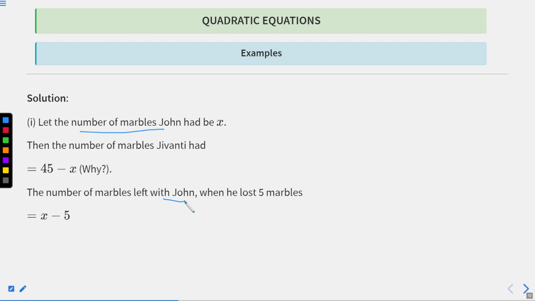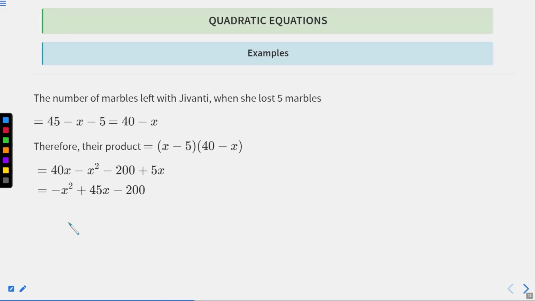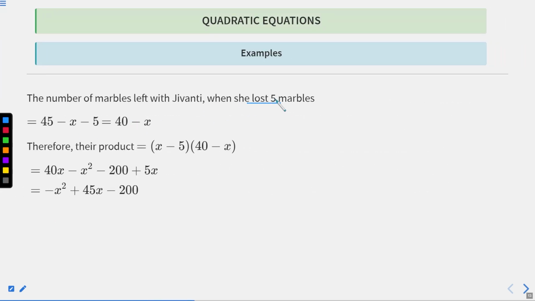The number left with Jivanti when she lost 5 marbles is 45 minus x minus 5, which is 40 minus x. Therefore their product is x minus 5 times 40 minus x.